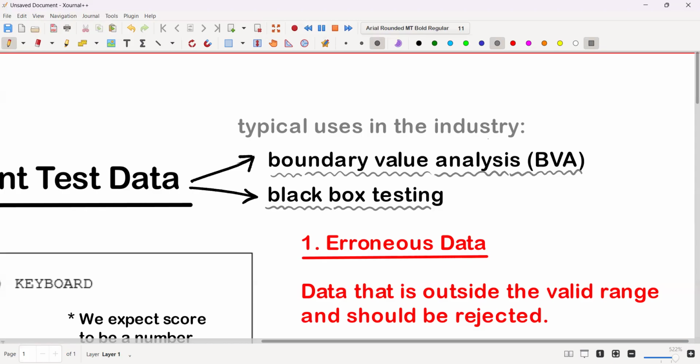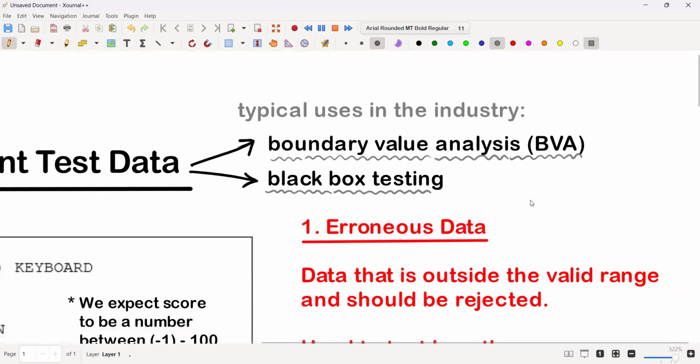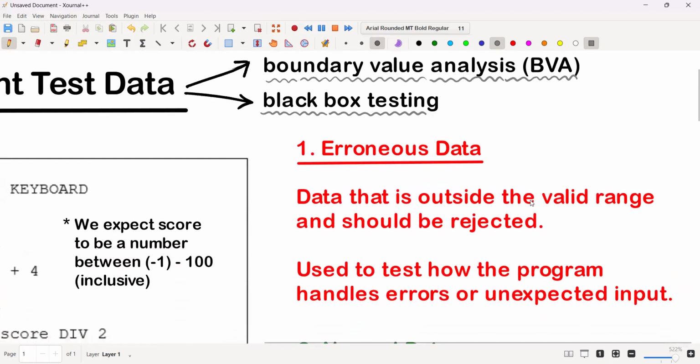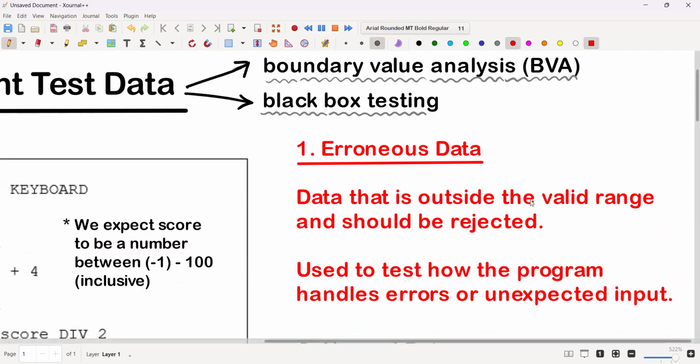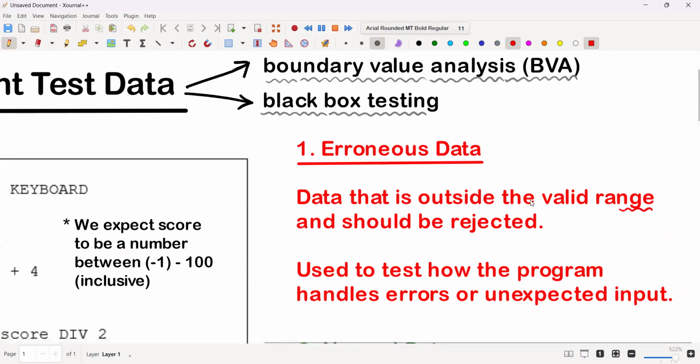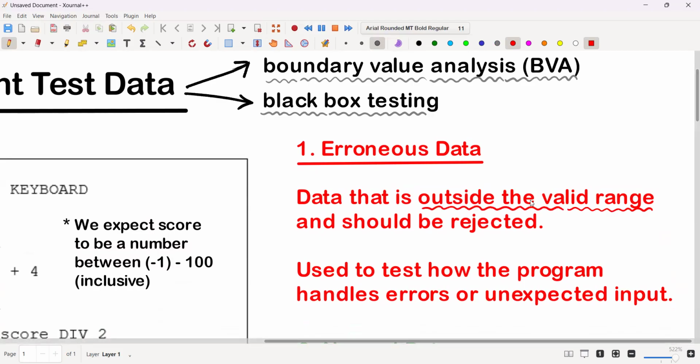Having understood the use cases, we can now take a look at the different categories of test data in a bit more depth, starting off with erroneous test data. Erroneous test data is data that is outside the valid range of what is accepted by the program, and thereby should be rejected. We use erroneous test data to test how the program handles errors or unexpected input.